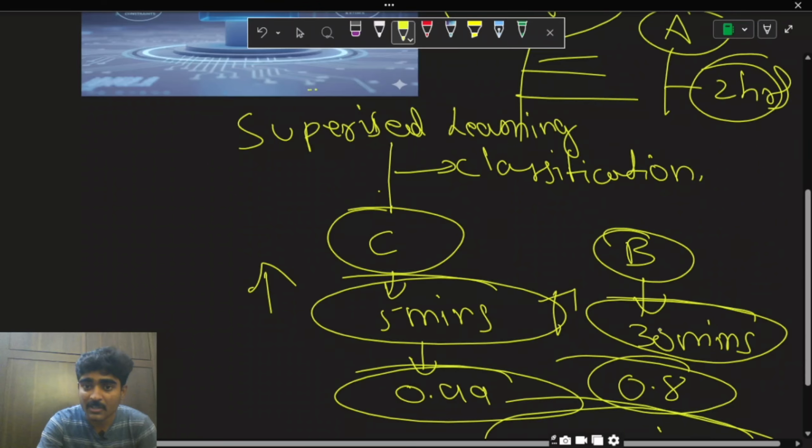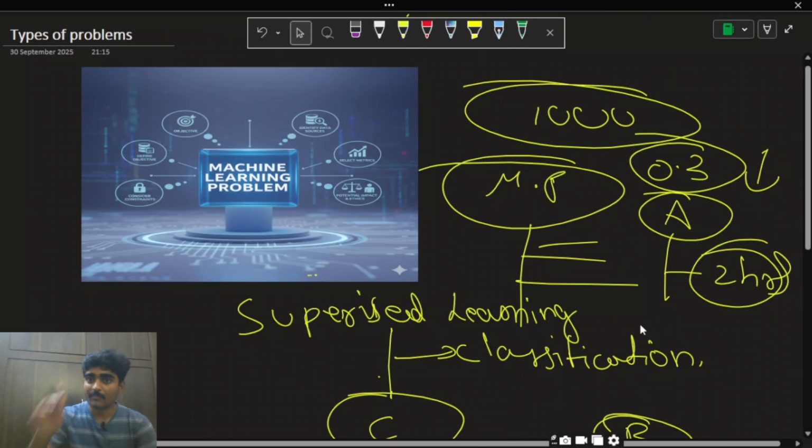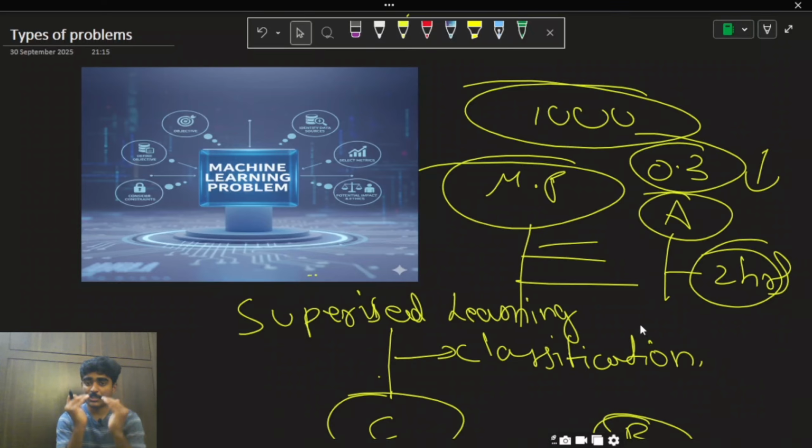First, in our initial assumptions, we figured out that it's a machine learning problem. From that machine learning problem, we figured out it is definitely supervised learning.